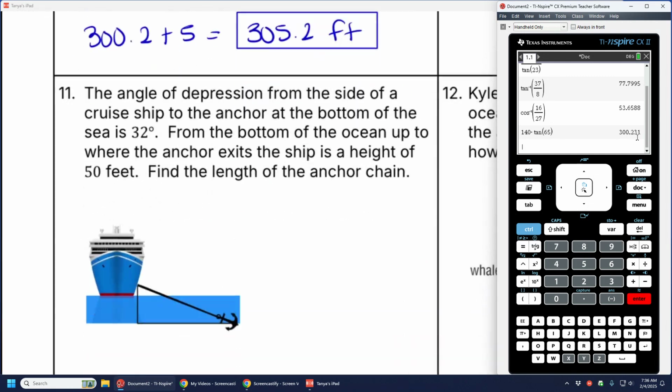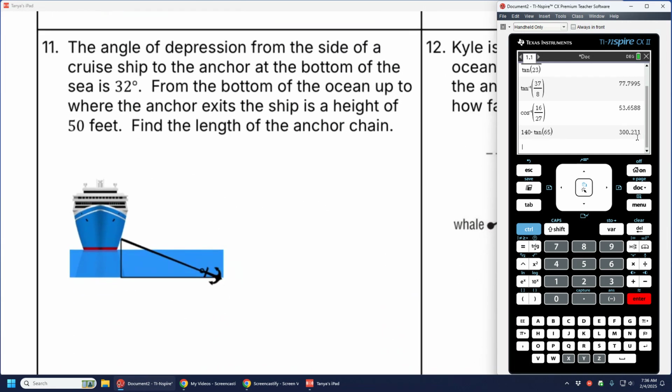Okay, and then last, let's look at number 11. The angle of depression from the side of a cruise ship to the anchor at the bottom of the sea is 32 degrees. Okay, so here's my cruise ship. So from here to the anchor, they're saying that that's 32 degrees, but that's an angle of depression. So you have to think of this as a horizontal line straight out from here. This is the part that they are saying is 32.